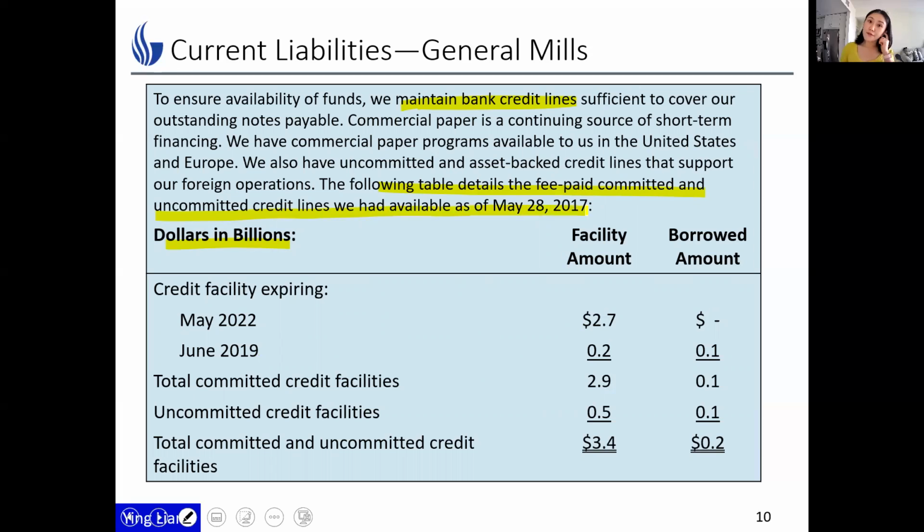So these are the fees they paid for the credit lines in order to maintain the notes payable. What are credit lines? We're going to define them in the next few slides, but generally they also disclose the credit lines and the fees they pay right next to the notes.